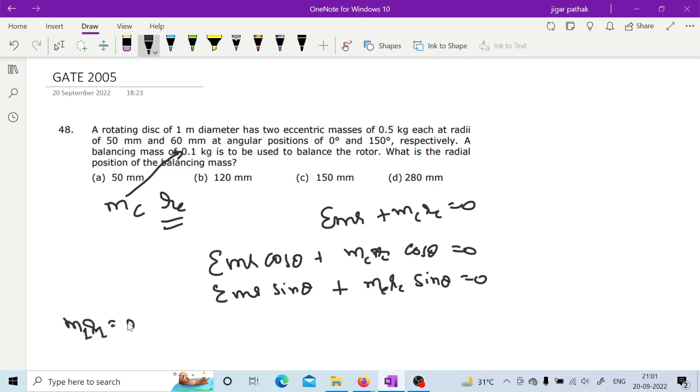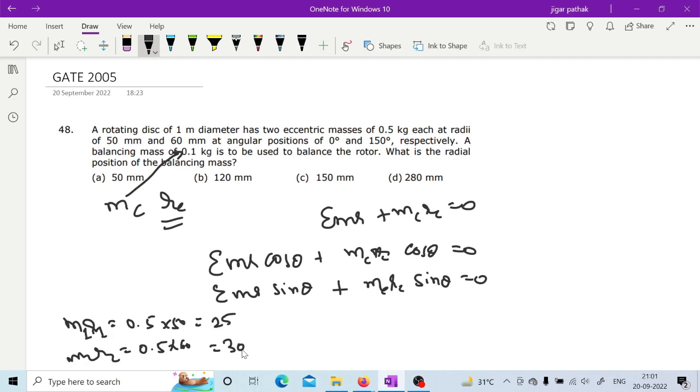Yes. So 0.5 into 50, M2R2, 0.5 into 60. So 50 into 0.5 will be 25, 60 into 0.5 will be 30.